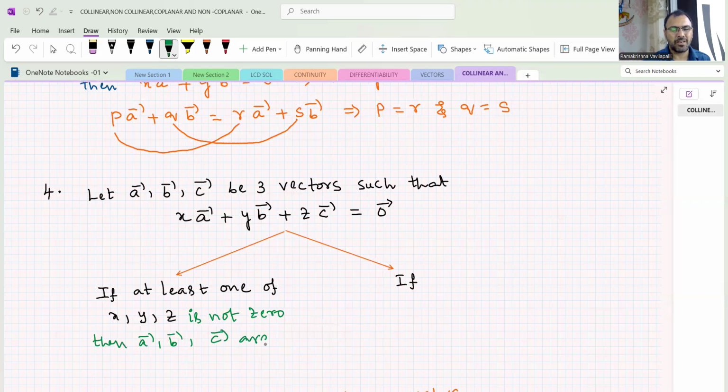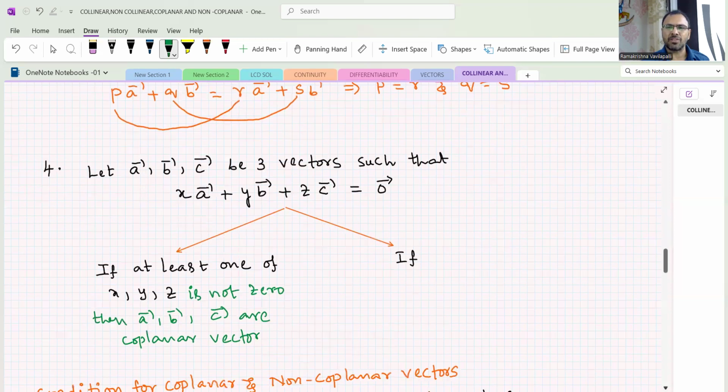This is important. So coplanar vectors means one vector can be written as a linear combination of the others, like R bar equal to XA bar plus YB bar, right? Coplanar vectors.